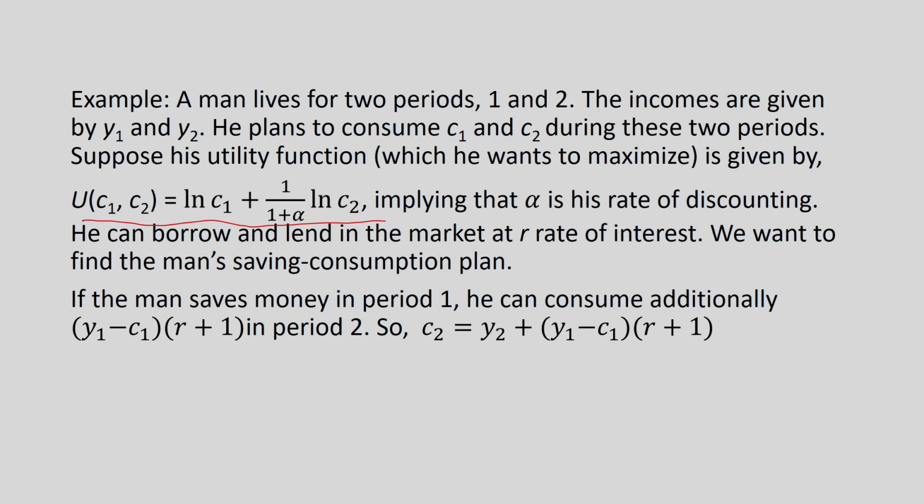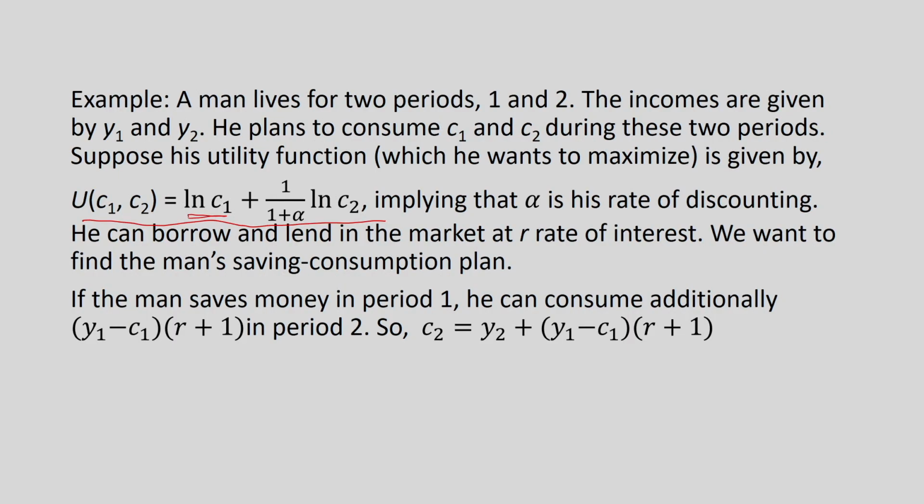implying that alpha is his rate of discounting. Remember, we have talked about the rate of discounting before. Log of C1 is his utility in this period, and log of C2 is the utility in the next period, but what is his total utility?